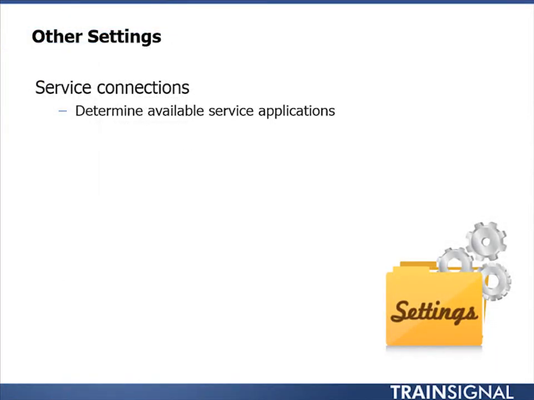A couple of other last remaining settings that I can configure on web applications. First of all is our service connections. Our service connections allow us to choose which service applications are going to be available to a web application.